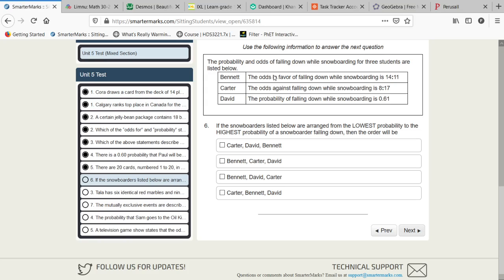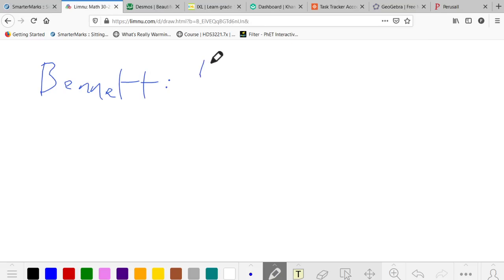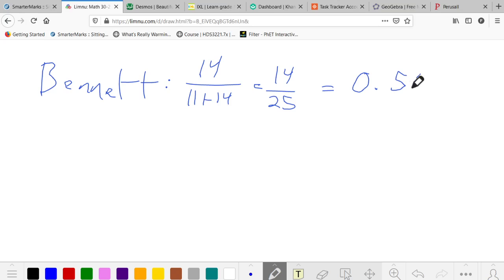So the odds in favor of falling down is 14 to 11. So the probability of falling down for Bennett is 14 over 11 plus 14, which is 14 over 25, or 0.56.